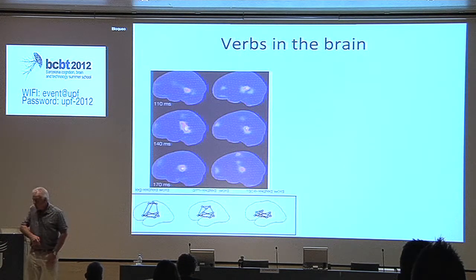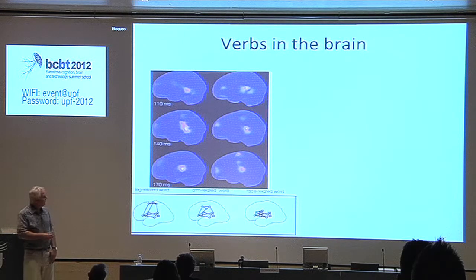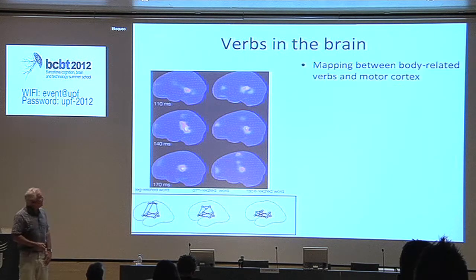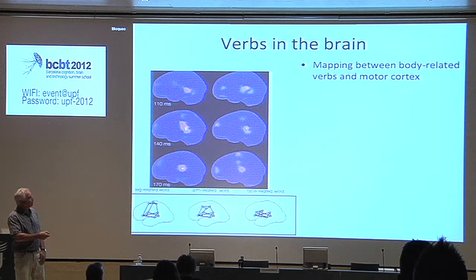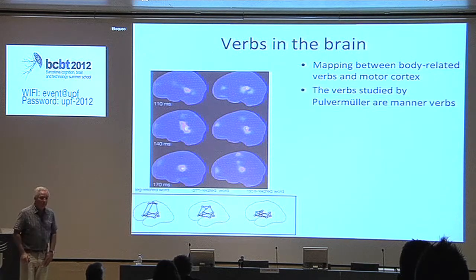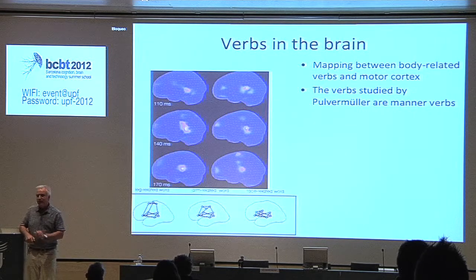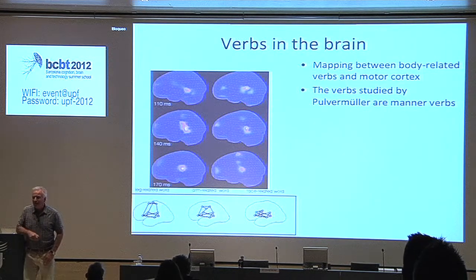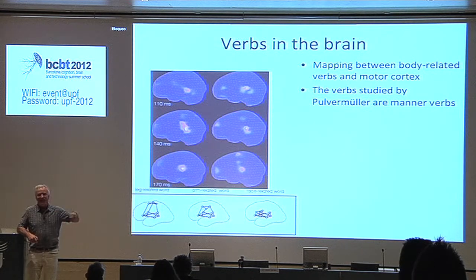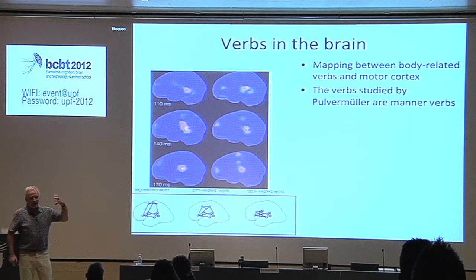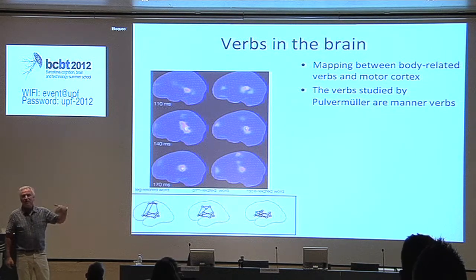A little side remark on verbs in the brain. These are pictures from Friedemann, maybe not from yesterday, but you all recognize these things here. Friedemann has been very good at showing the mapping between body-related verbs and motor cortex. All the verbs you mentioned yesterday, I really checked them. They were manner verbs: kick, pick, and lick, and so on. They relate to what you do with your body.